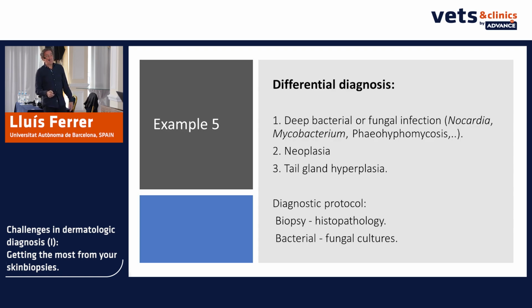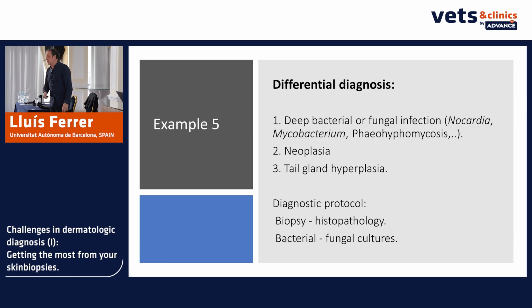We consider deep fungal or bacterial infection first, something like phaeohyphomycosis, nocardia, mycobacterium, fungal infection, dermatophytosis, so other deep fungal infections. We consider the possibility of neoplasia. Was 5 years old, tail gland hyperplasia. It's too young.